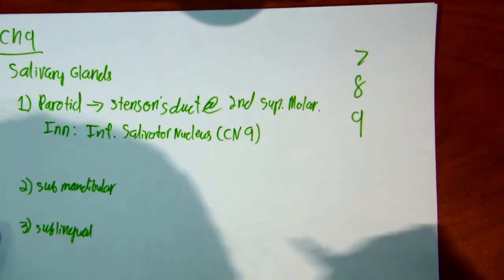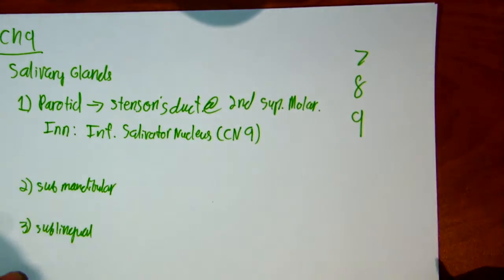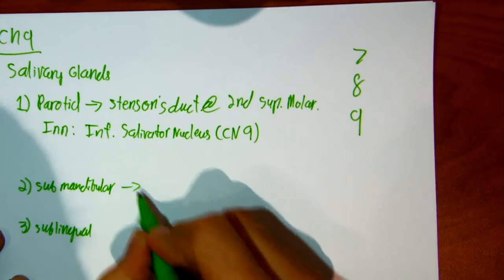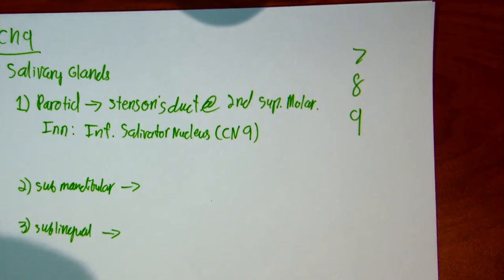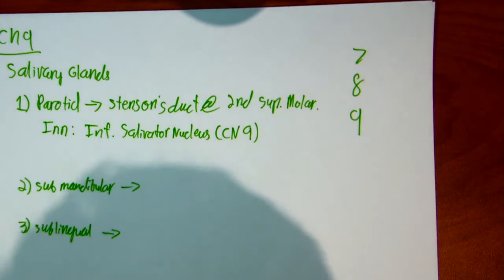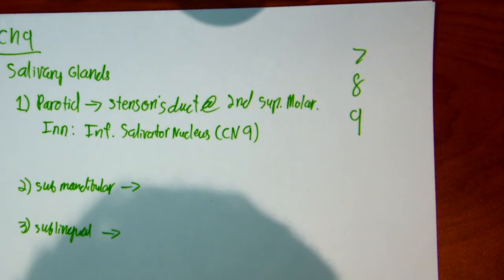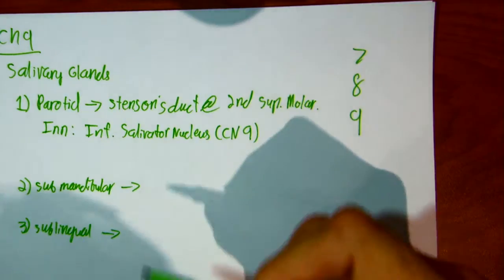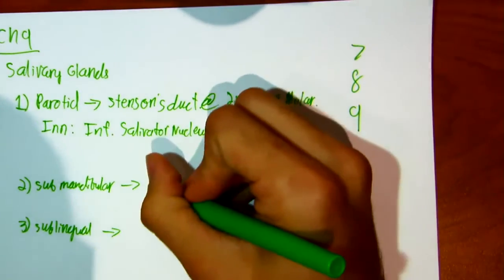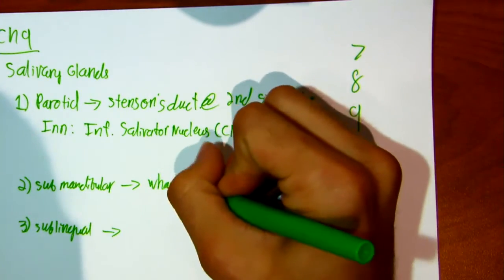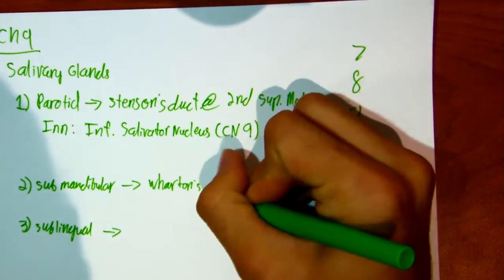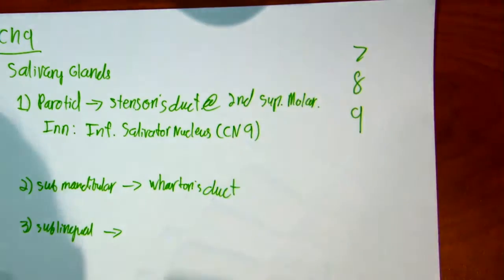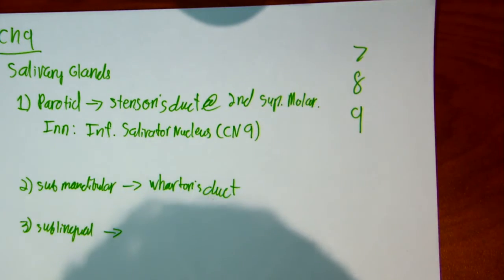All right, so let's talk about the submandibular and the sublingual glands. Starting with submandibular, what's the name of the duct it drains into? I think I heard someone say it. It's Wharton's duct. All right, what about for sublingual?